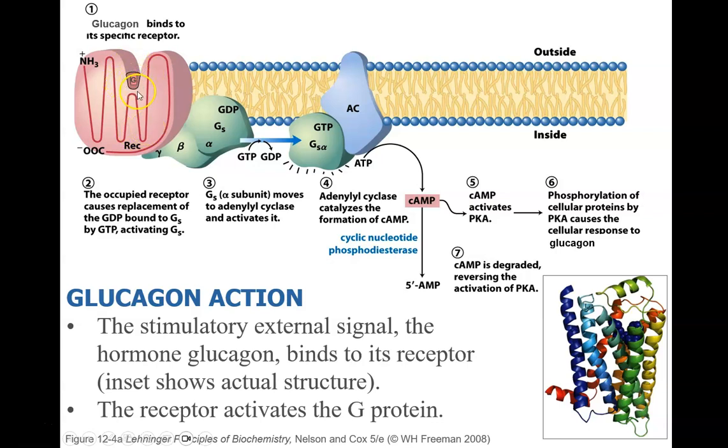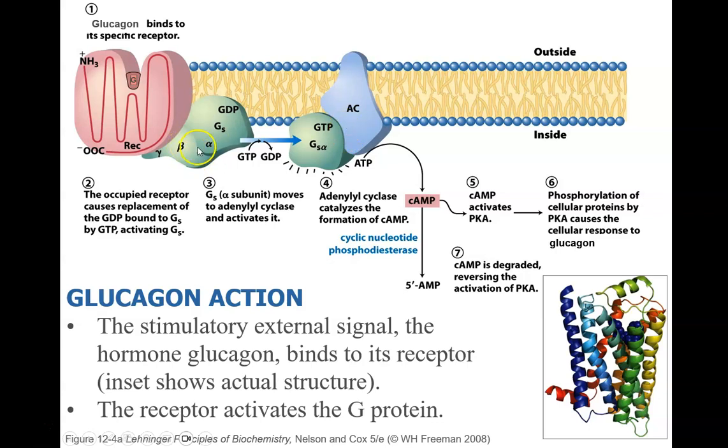Glucagon binds to its receptor, and when it does, this is associated with a G protein. These are called G protein coupled receptors because the receptors are coupled to the G protein. The G protein has 3 subunits, alpha, beta, and gamma, and when it's inactive, it has GDP bound. But when glucagon binds to the receptor, it interacts with the G protein, and the GDP is swapped for GTP. So GDP leaves and GTP hops right on.